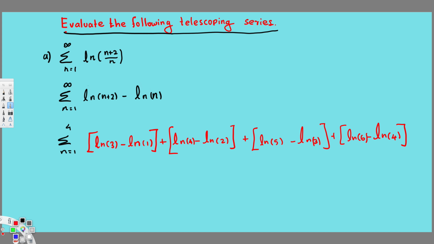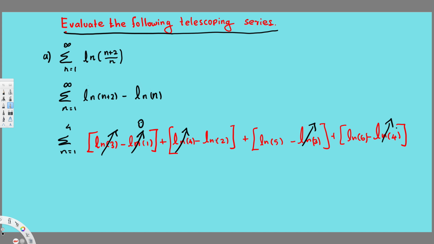Now all we have to do is cancel whatever we can cancel and see what is remaining. Here we have negative ln 3 and positive ln 3, so we can cancel that. We also know that ln 1 is equal to 0, so we can cancel that too. And ln 4 minus ln 4 cancels.